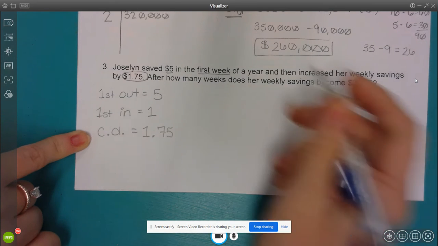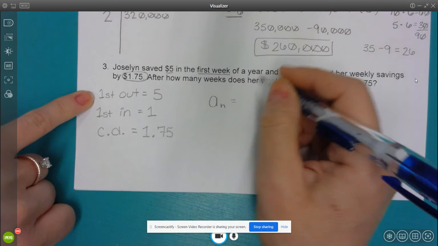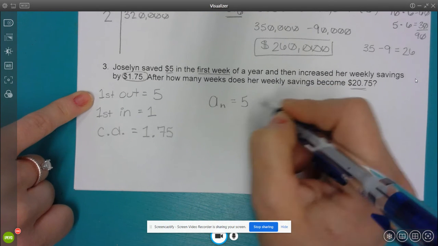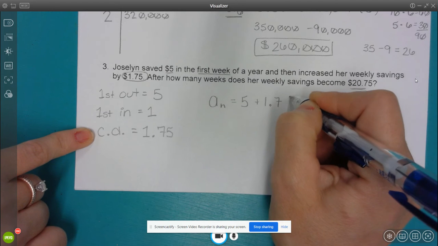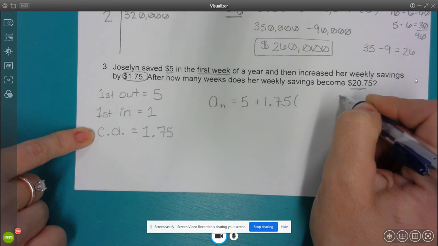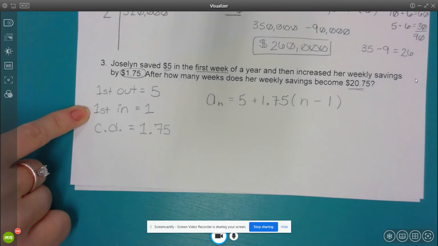So I can go ahead and put this straight into my equation. First output is 5. Common difference is 1.75. And in parentheses, I'll have n minus my first input of 1.